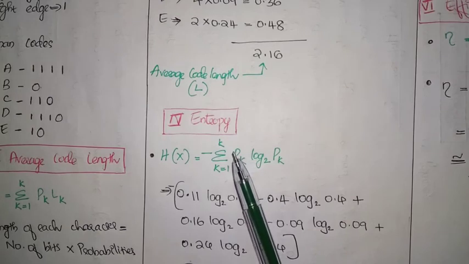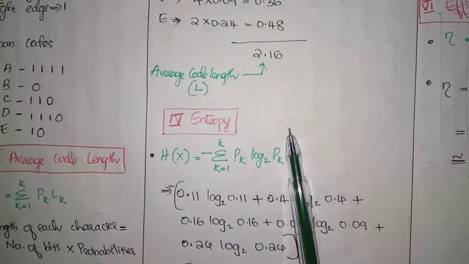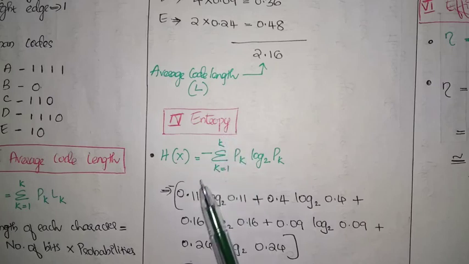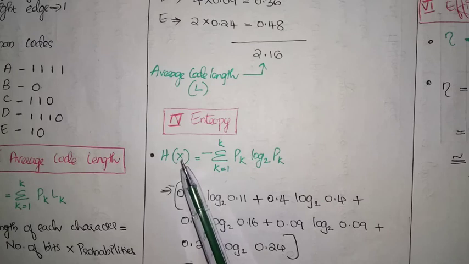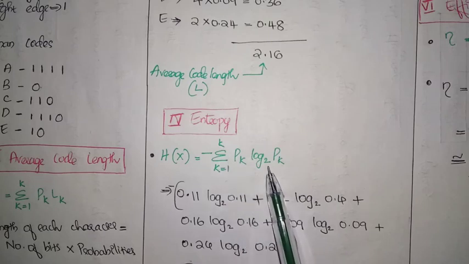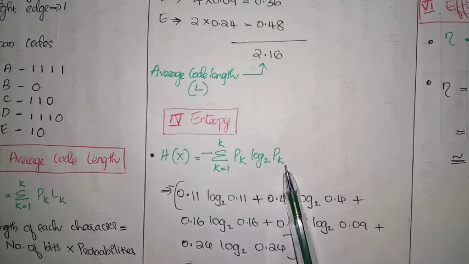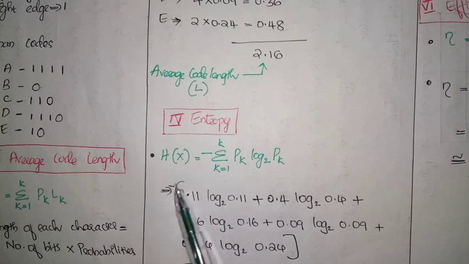In the next step, we have to find the entropy for this question. Entropy, denoted by H(X), is obtained with this equation: H(X) equals minus the sum of k equal to 1 to K, pk log base 2 of pk. We know that pk is the probability of each character, which is already given in the question, and we put the negative sign outside.